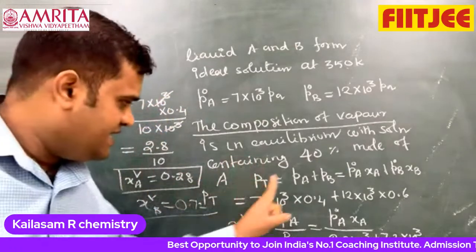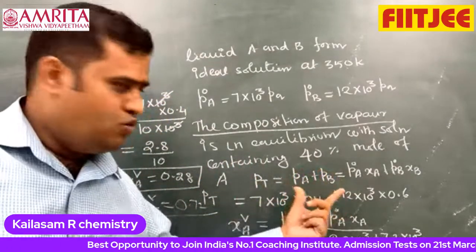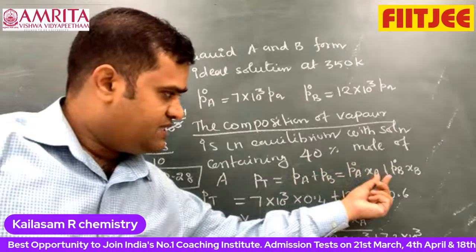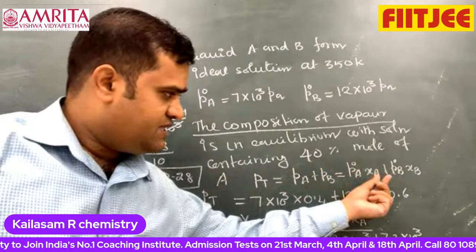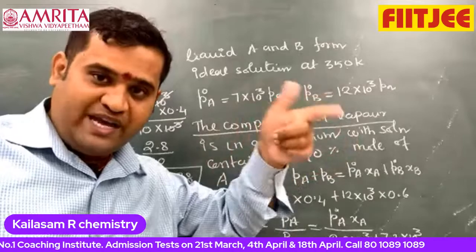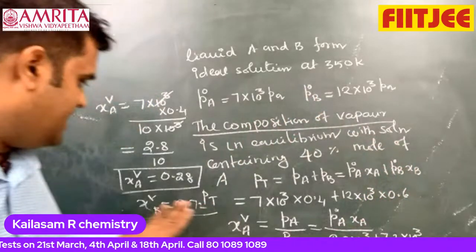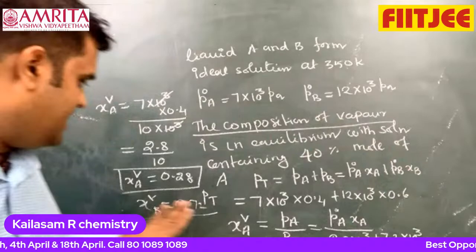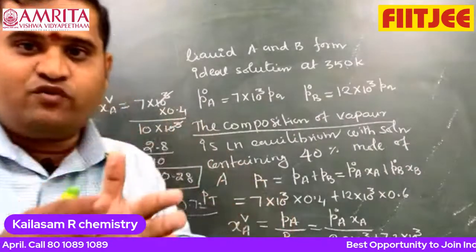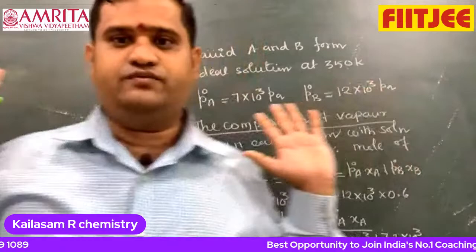PT is PA plus PB as per Raoult's law: P naught A XA plus P naught B XB. XA is 0.4 and XB in the solution is 0.6. Simplify and you get the answer. The final answer is XAV equal to 0.28 and XBV equal to 0.72. These types of questions you may expect for JEE Mains.